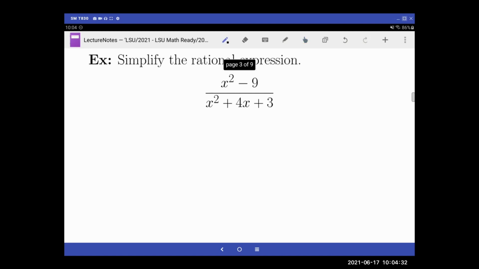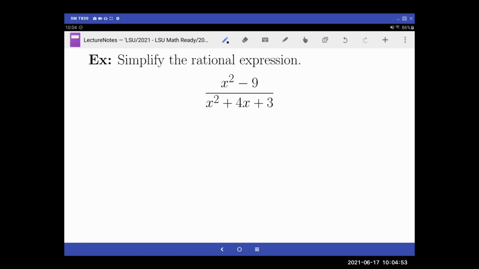All right, so let's talk about simplifying a rational expression. So here we have x squared minus 9 as the numerator and x squared plus 4x plus 3 as the denominator. I want to simplify this. Usually what you would do is just factor the top and the bottom and see if anything divides out.